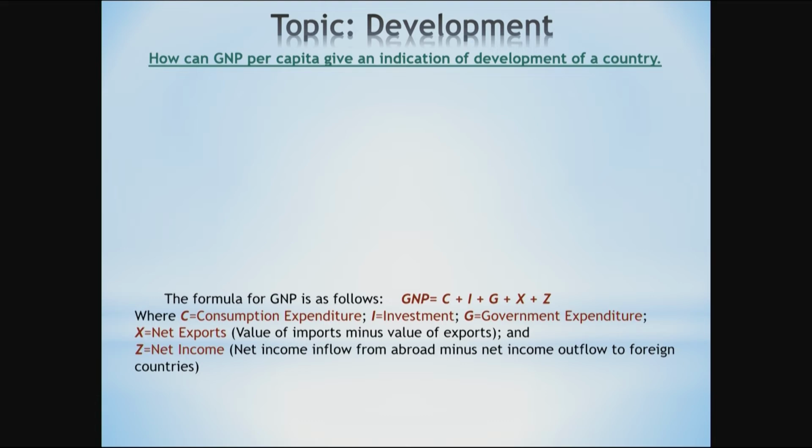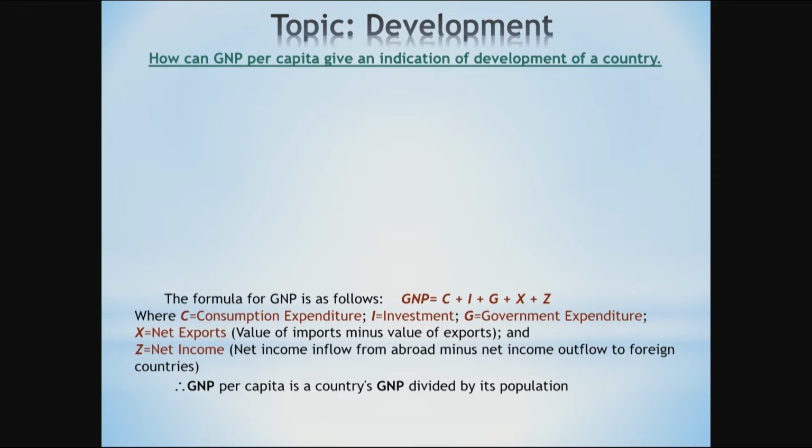So the consumers, when we go to the shop, we are spending, so it falls under that one. Investment, government expenditure, X is net exports, I explained earlier, and net income also I explained earlier. So income is any form of payment, either coming in, the inflow, or going out, which is the outflow.